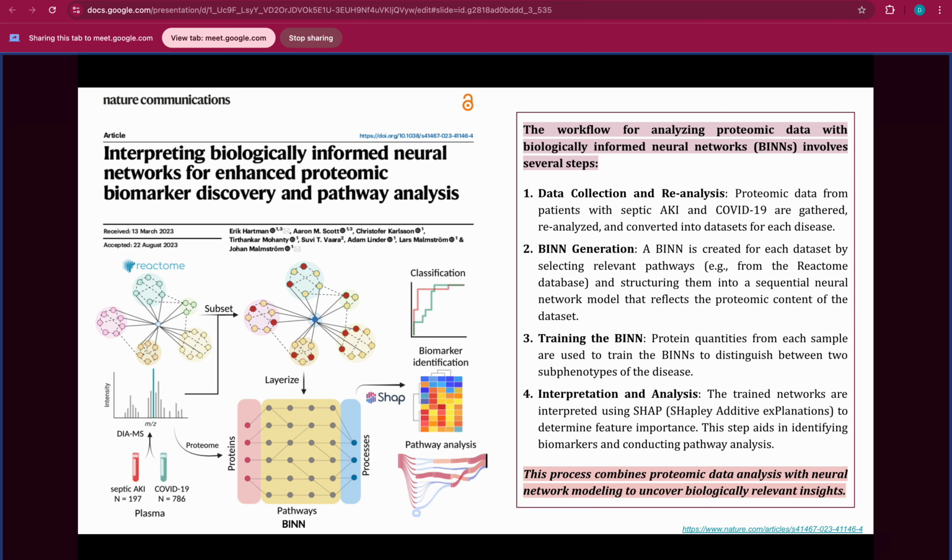One is AKI and one is COVID-19, and they are looking for the features which are altered in AKI and the features which are altered in COVID-19, so that they can distinguish between them. With the help of neural networks, they are trying to identify how these features are related to both, and how, given a new value, they can predict whether it will be part of AKI or fall into COVID-19. So in this case, they have used the neural networks to classify it.